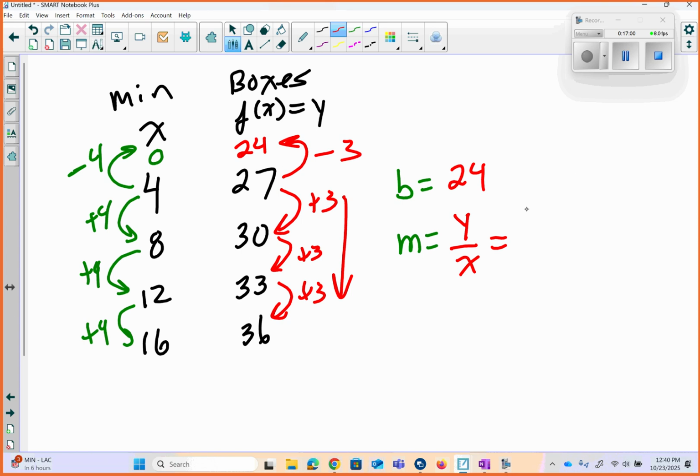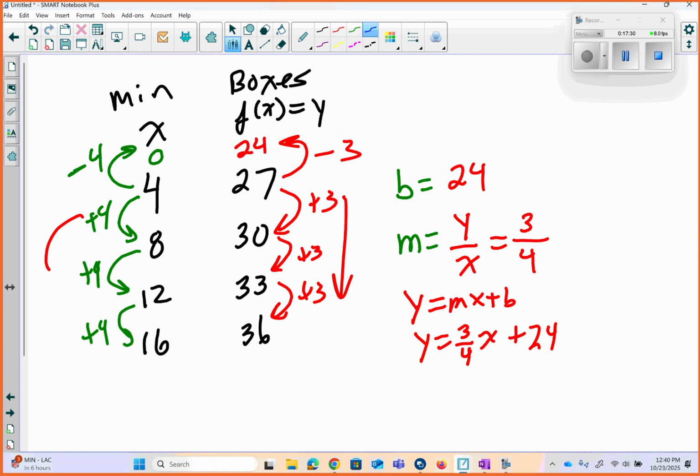So we're doing this. I'm adding 3 each time, and I'm adding 4 each time. So my slope is 3/4. Okay. I guess that can happen. So my equation is y equals mx plus b, and I know that m is 3/4, and I know my b is 24. Make that a little neater. So f at 156. My goodness, what do you think I should do with that 156?